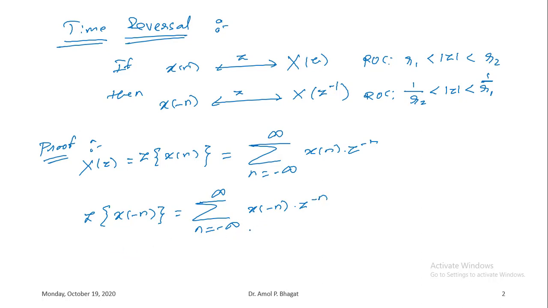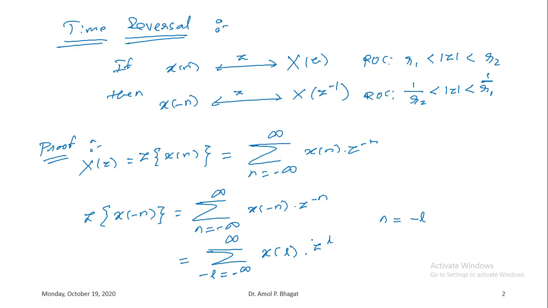Here we will replace this small n with minus l, just for example. So this can be rewritten as summation minus l equals minus infinity to infinity x of l into Z to the power, in place of minus n there will be l.